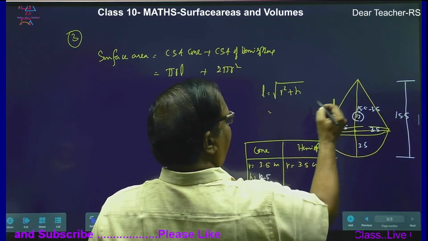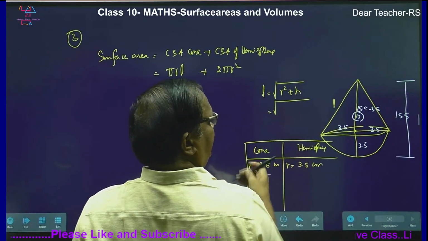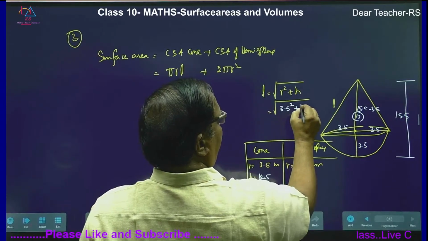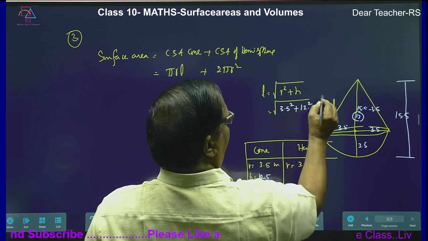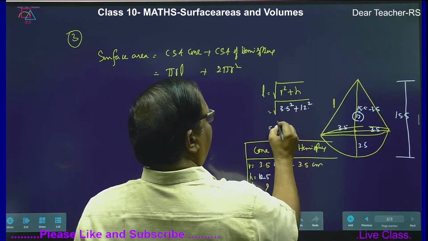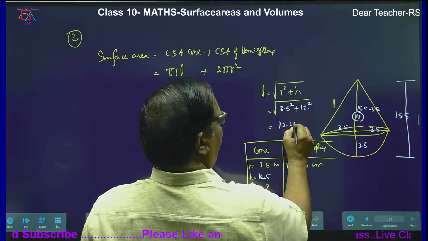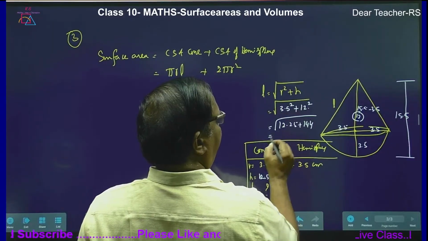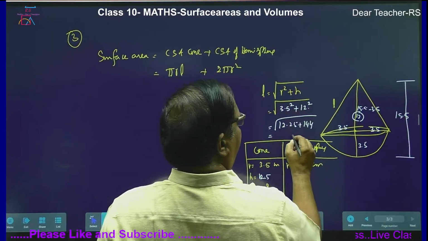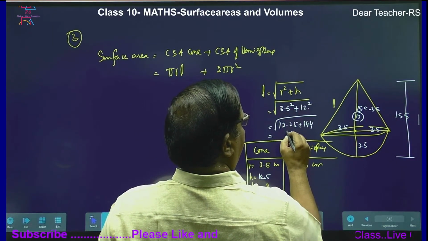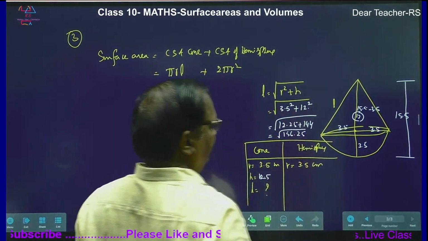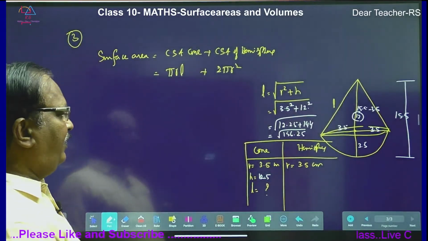This is L. So how much? 3.5 whole square plus 12 whole square. So this is 12.25 and this is 144. Can you tell me how much? Root of 156.25. Calculator.